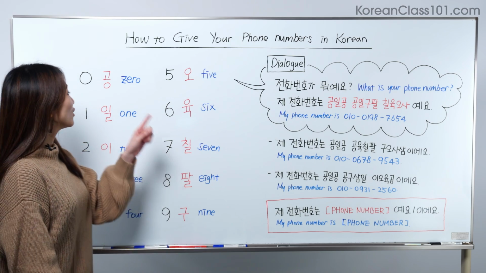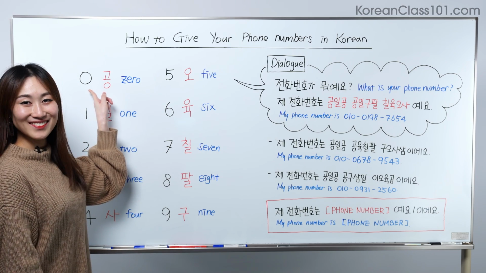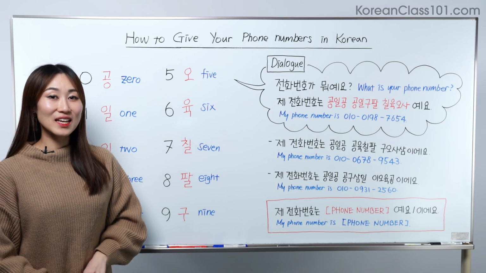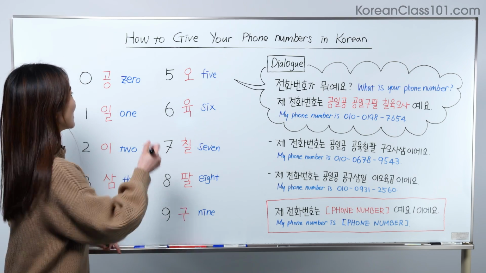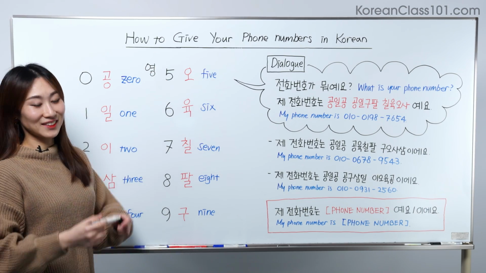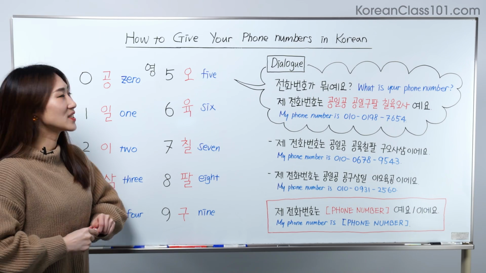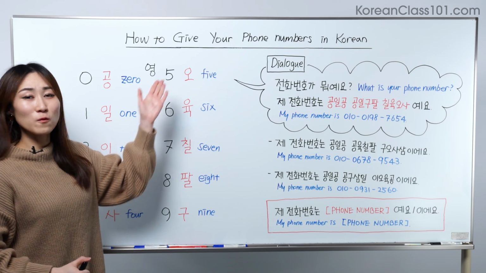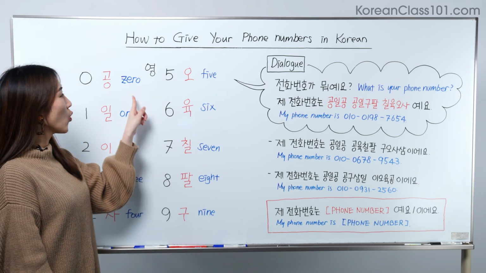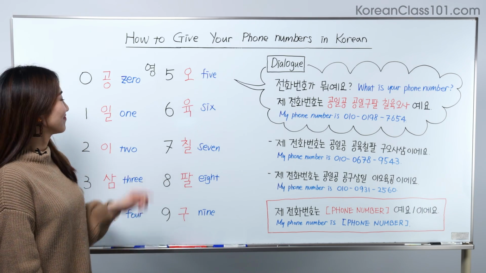That ball looks like 0. There is another way to say 0 in Korean, which is 영. But 영 is not often used for phone numbers. So when you give a phone number, please remember 공.